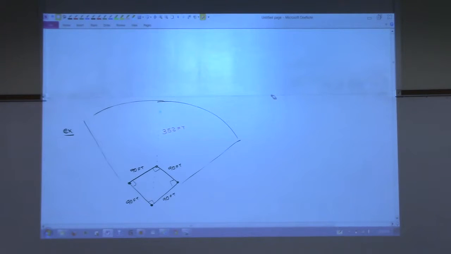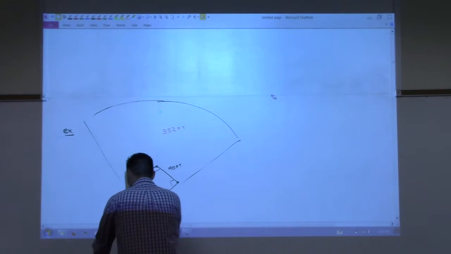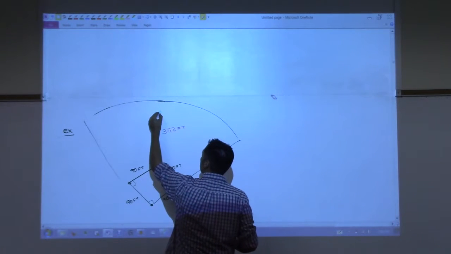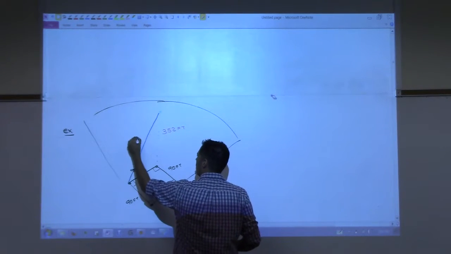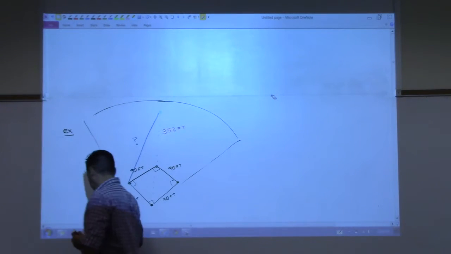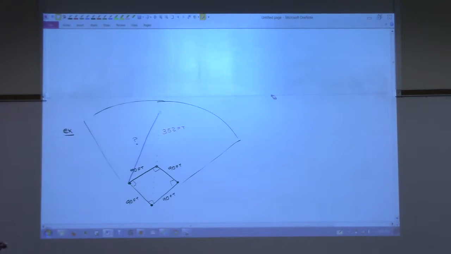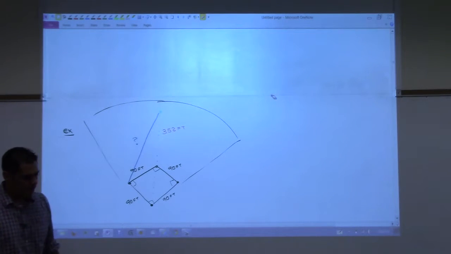Everyone understand? Yep. Okay, I'm going to give you all some time to work on that one. The question is, the throw from this center fielder to here, what is that distance? I'm not telling you whether or not you need law of sines or cosines or anything else. Just see what you can do with that.